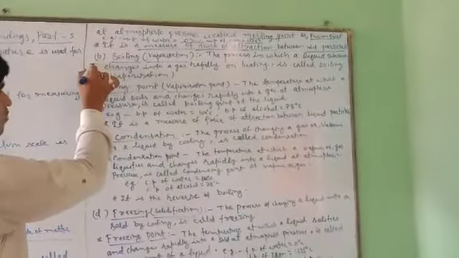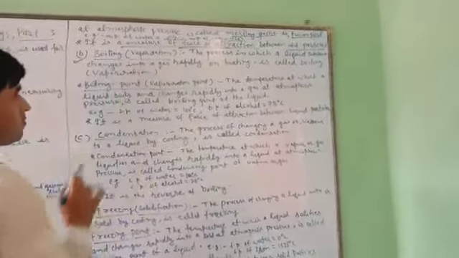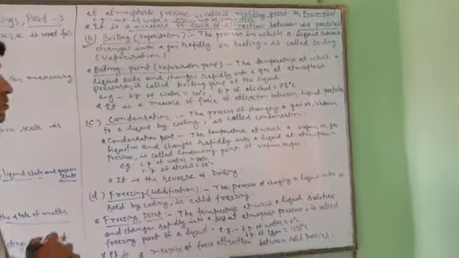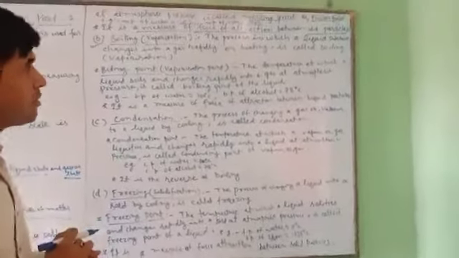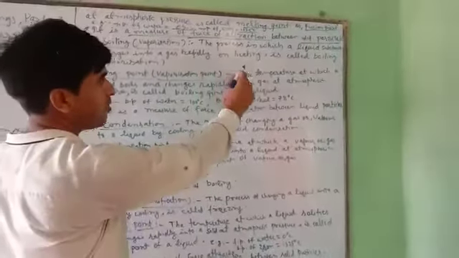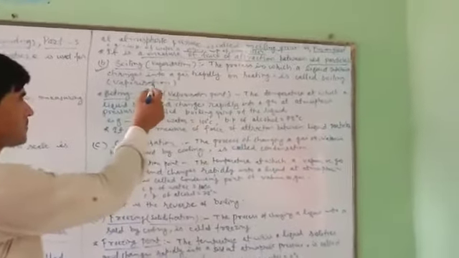Another key point is boiling, also known as vaporization. What is boiling or vaporization? The process in which a liquid substance changes into a gas rapidly on heating is called boiling or vaporization.